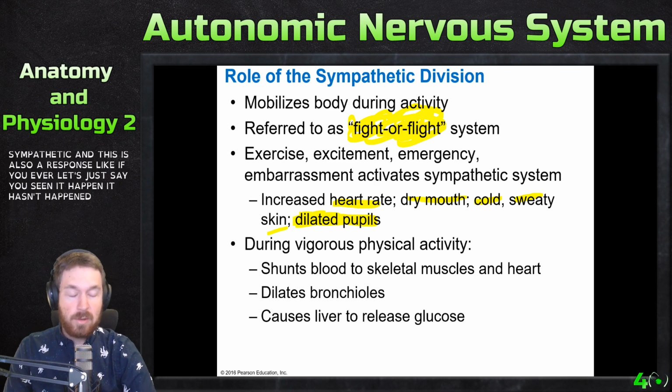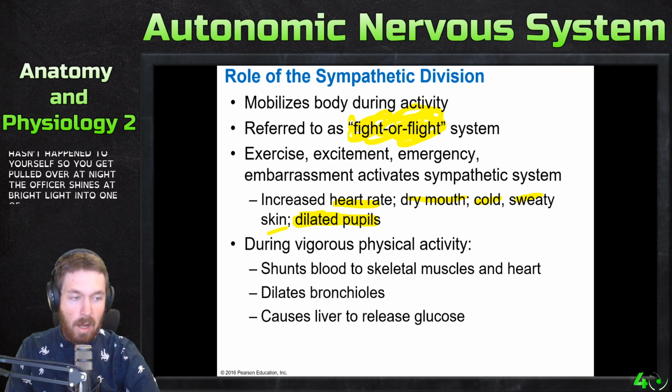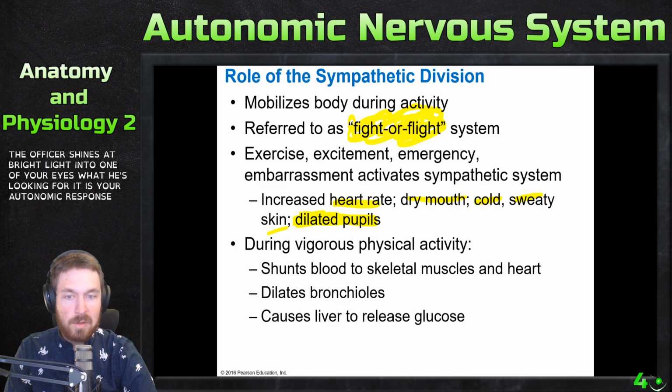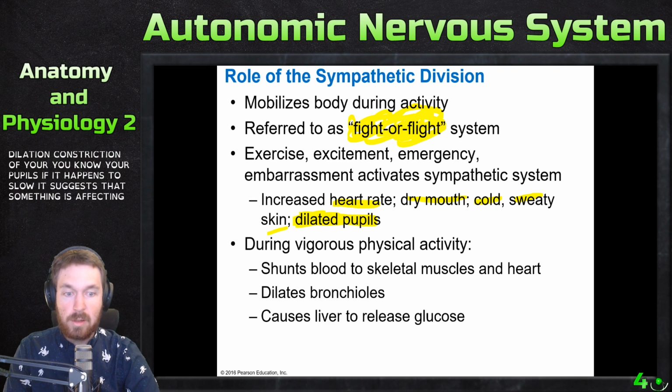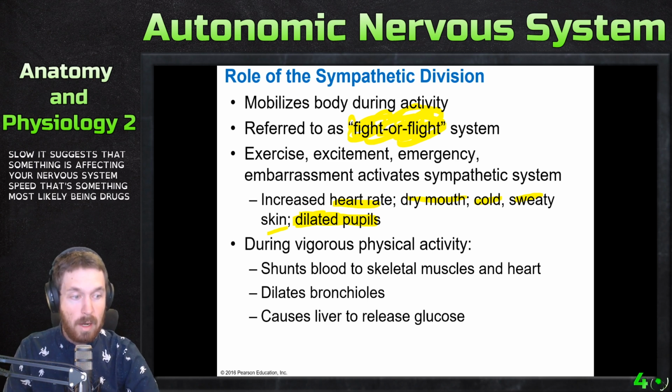And this is also a response, like if you ever, let's just say you've seen it happen, it hasn't happened to yourself, so you get pulled over at night. The officer shines that bright light into one of your eyes. What he's looking for is your autonomic response to that light input. If it's too slow, so causing dilation or constriction of your pupils, if it happens too slow, it suggests that something is affecting your nervous system speed, that something could most likely being drugs or alcohol.